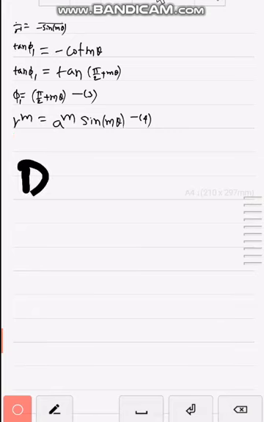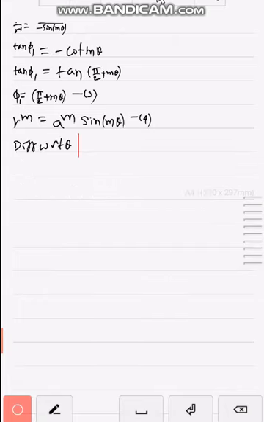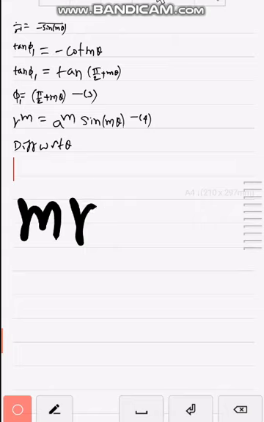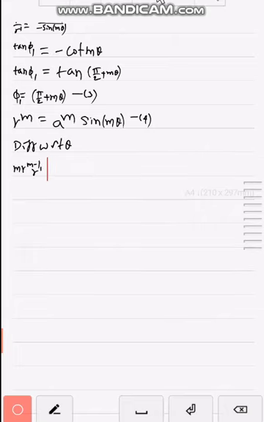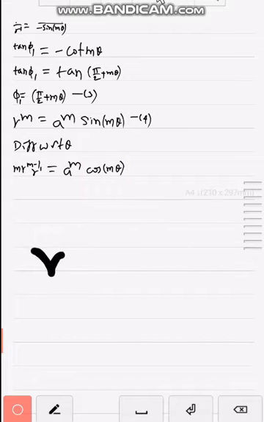So now again differentiating with respect to theta, we have m into r to the power m minus 1 into r dash. R dash will denote dr by d theta. So this is equal to a power m, as the derivative of sin m theta is cos m theta into the coefficient of theta, that is m. So m on both sides gets cancelled. We have r to the power m minus 1 into r dash is equal to a power m into cos m theta. Now again let us call this equation 5.